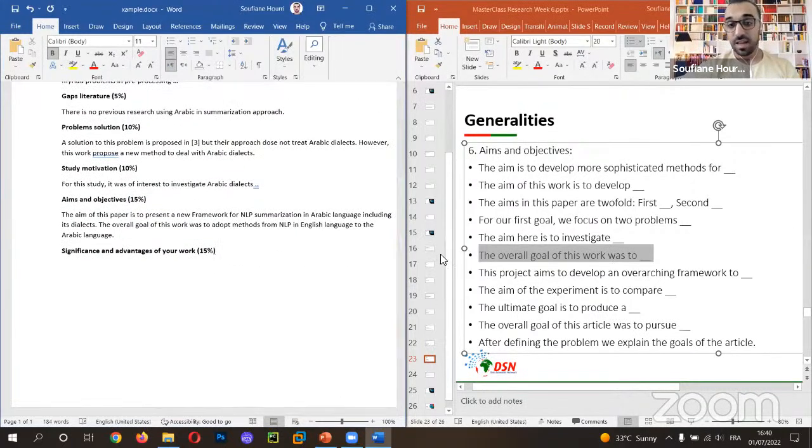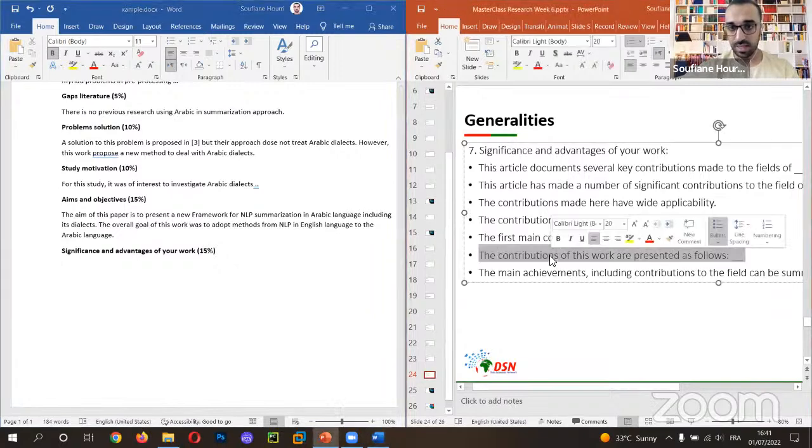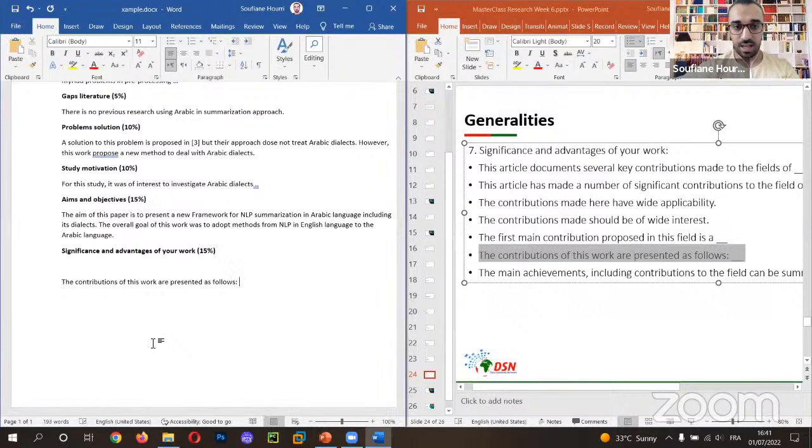Now the final step and the final paragraph of the introduction is presenting your contributions. We can say the contributions of this work are presented as follows: contribution one, contribution two, etc. At the end of each introduction, you will find a template that describes what's next.